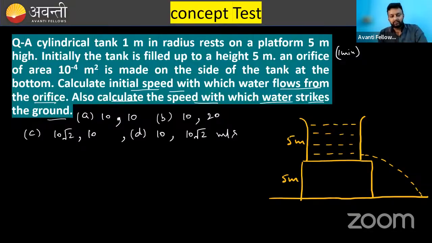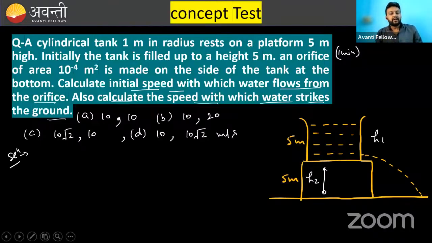Okay, so let me solve the question. Have a look at that. Let's suppose, as the question says, water is filled up to a height of 5 meters. Let's suppose this height is h1 and the height of the table is h2. Clear?